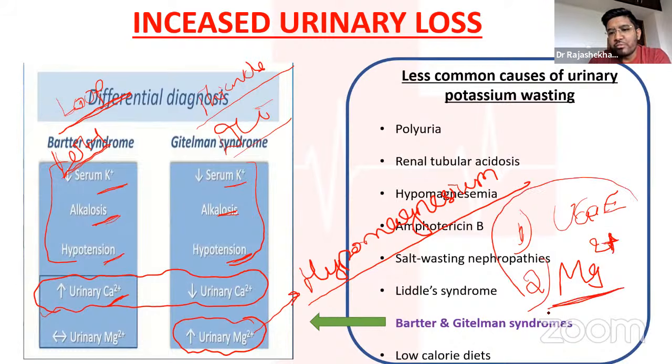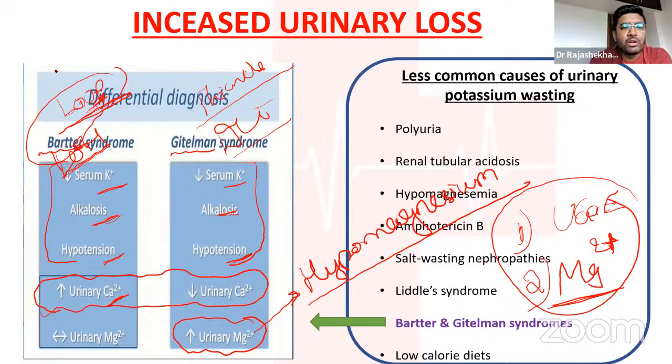It is very important to remember that Bartter behaves like loop diuretic toxicity and Gitelman behaves like thiazide toxicity. You can form your own mnemonic. What I remember is, since Bartter is a small word and loop is also a small word, Bartter goes with the loop, whereas Gitelman is a little longer word, and similarly thiazides, so this goes with Gitelman's.